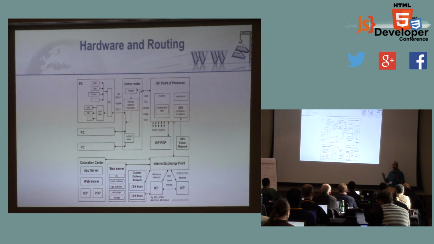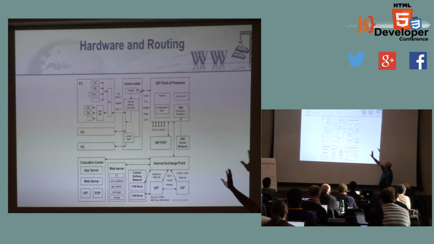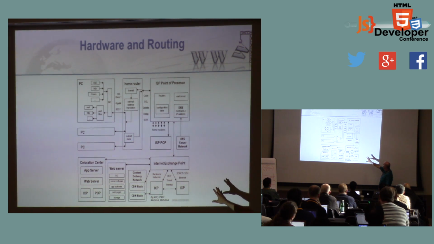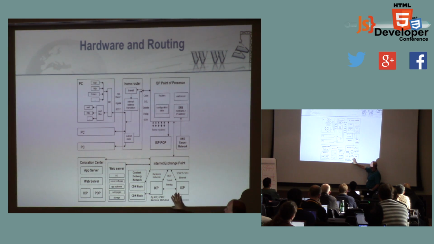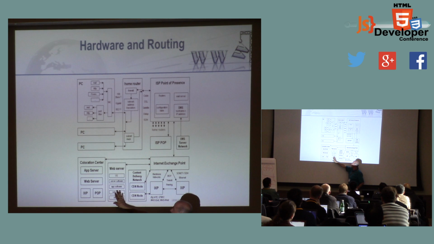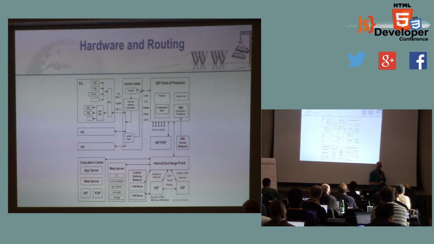Some people rent space in a colo from Amazon, other folks don't. It kind of depends. But just to get the idea of the hardware path: PC, home router, cable modem, out to the ISP, off to the big backbone node here, off to the web server, possibly a stop at the CDN.